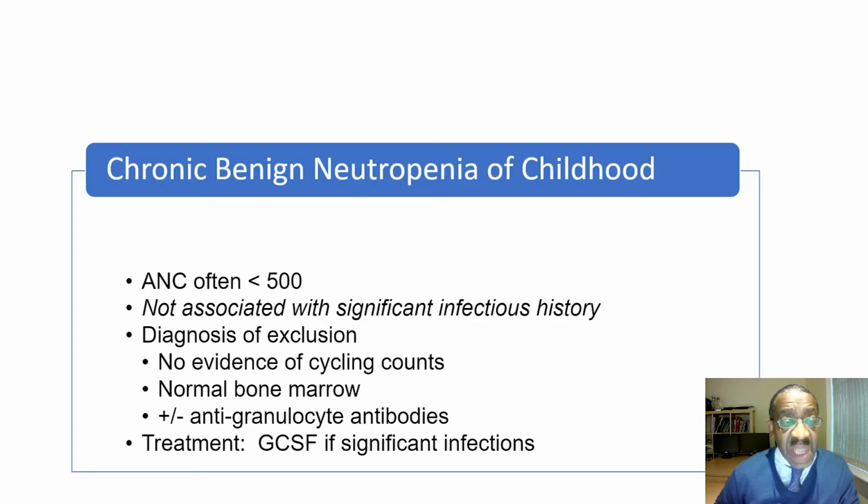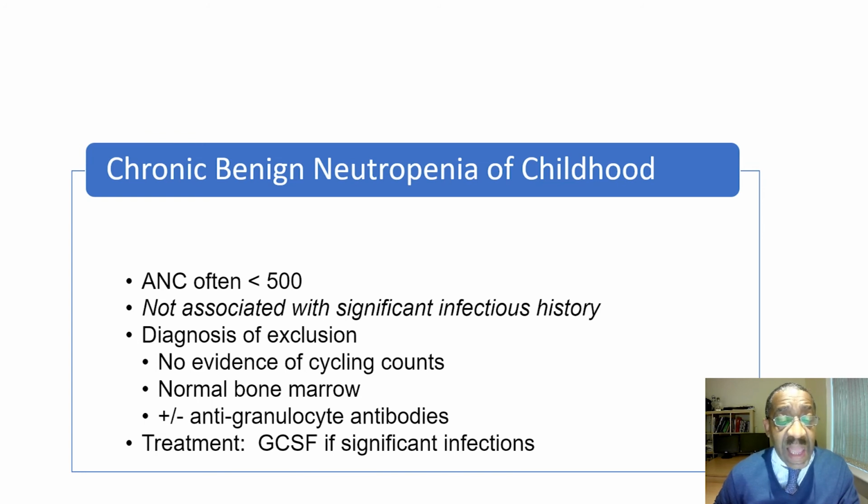There's the chronic benign neutropenia of childhood. Usually the neutrophil count is less than 0.5 or 500, but interestingly, not associated with significant infections. It's usually a diagnosis of exclusion when all other causes of neutropenia in childhood have been exhausted.